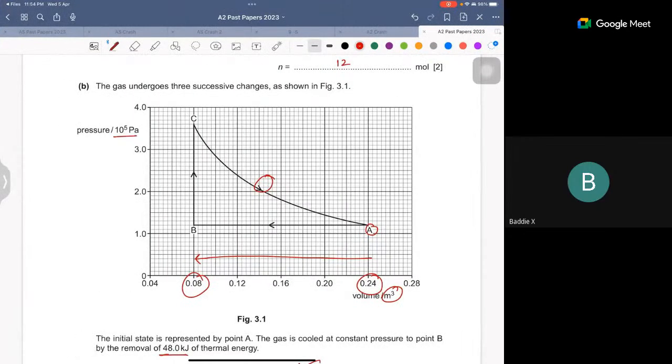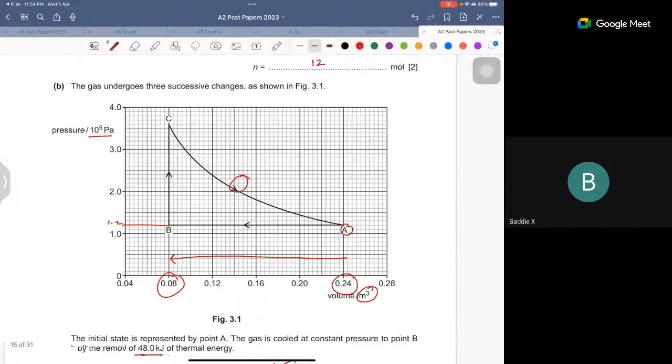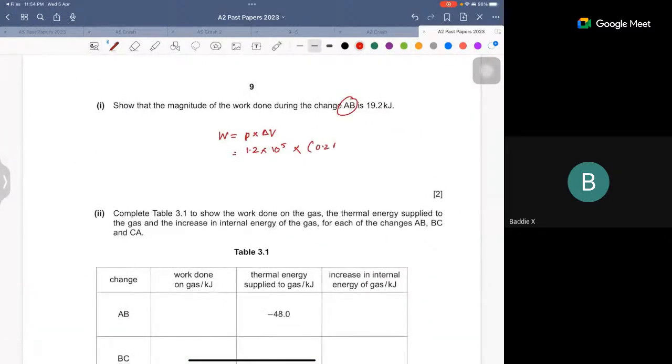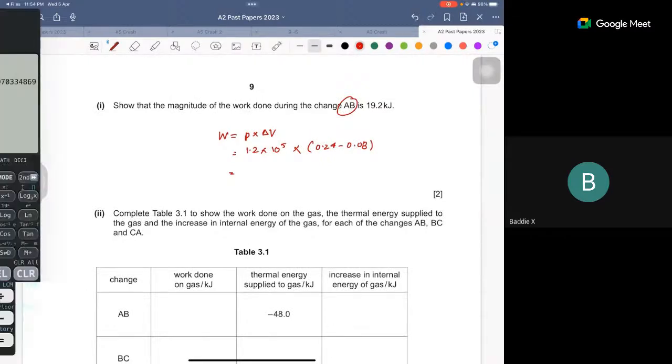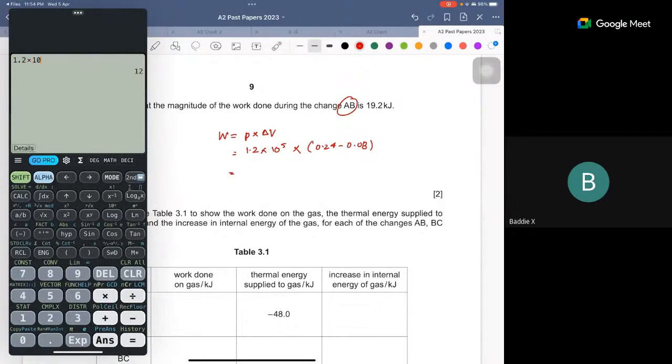So we're going to do 0.24 minus 0.08 and then just simply multiply. Okay, so that's 1920, so that means 1.92 times 10 kilojoules.